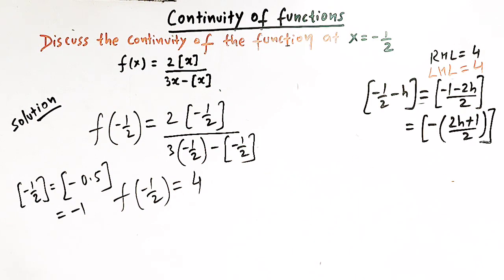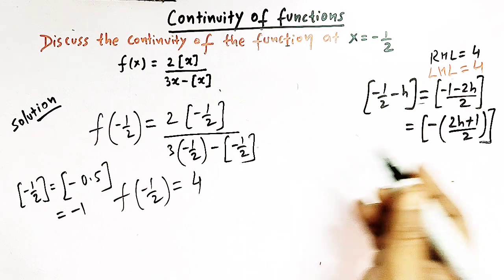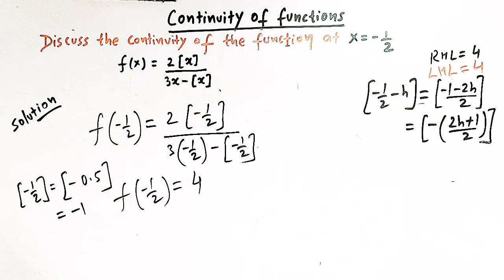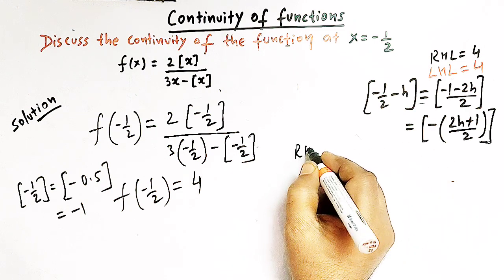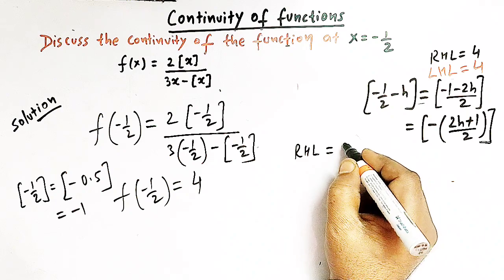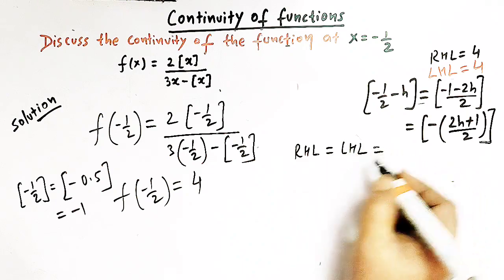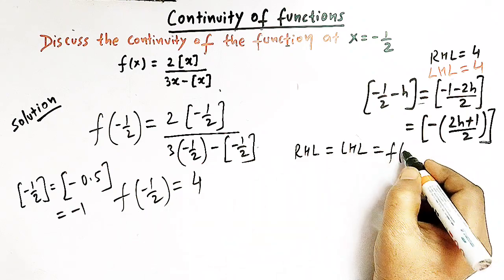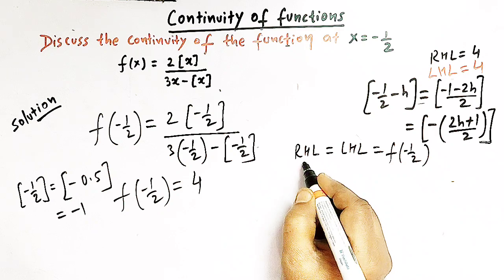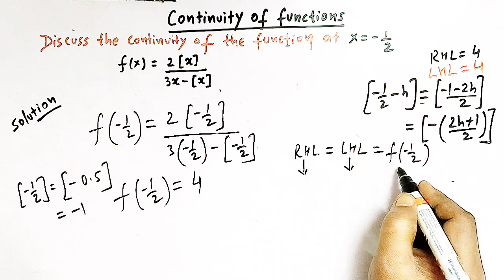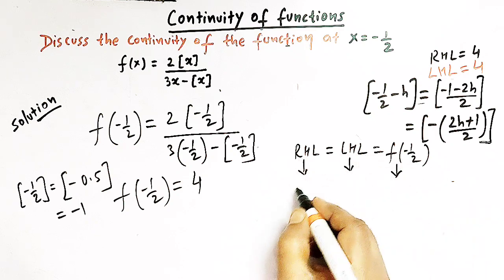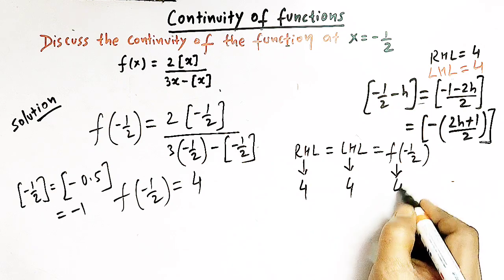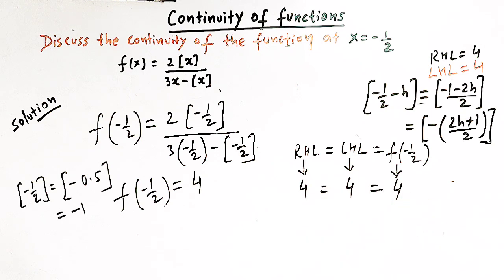So viewers, from this discussion we have arrived at the conclusion that the right hand limit is equal to the left hand limit is equal to f of minus half, because the value of these three quantities is equal to 4, right?